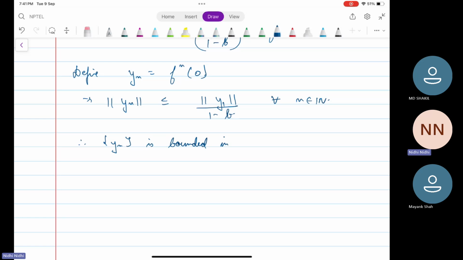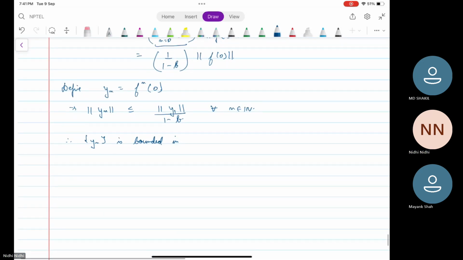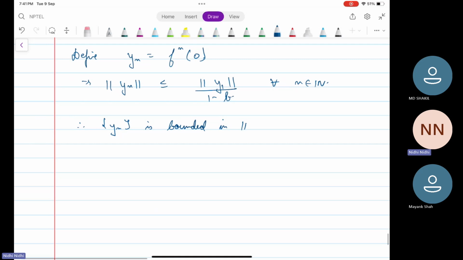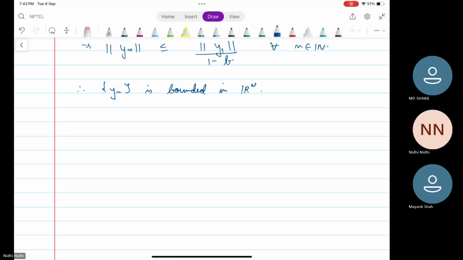So y_n is a sequence in R^n. And in fact, we will see that this is a Cauchy sequence. For that, y_(n+m) minus y_n is equal to f^(n+m) at 0 minus f^n at 0.